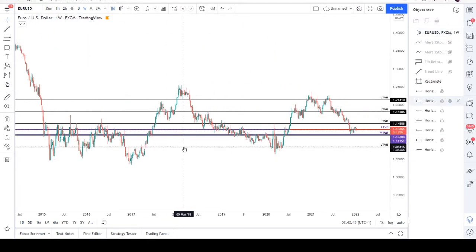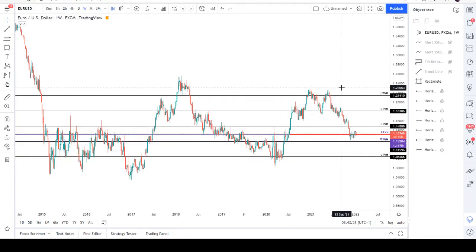And you see how those block levels have been supporting or resisting the price very well and very precisely sometimes. Those are long-term volume blocks, so they do not react to the pip like we could do with other things. But we know something will happen in this area. Here it was to the pip. In some other places, we just go a little bit through it and come back.